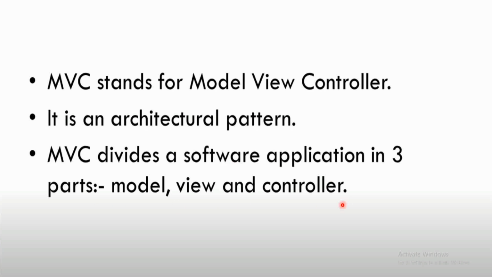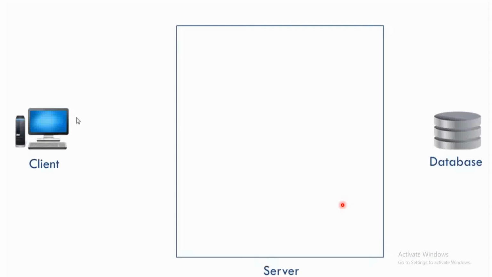Now let's see how an MVC pattern is implemented in a web application. Let's say we have a client, a server and a database. These are the 3 main components of any web application. Now let's say our client wants to see a list of all products which are stored in this database.